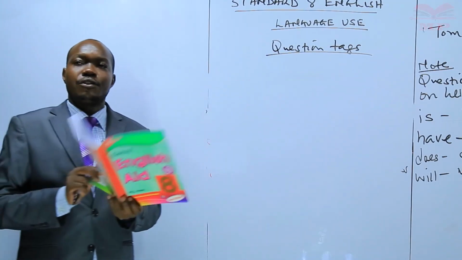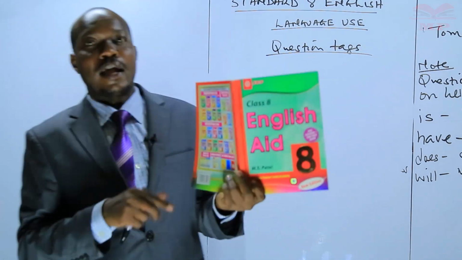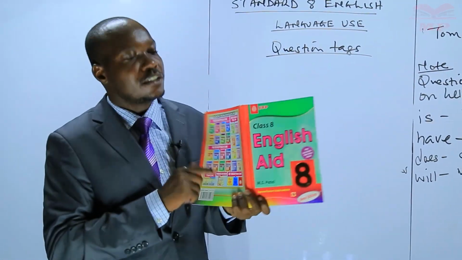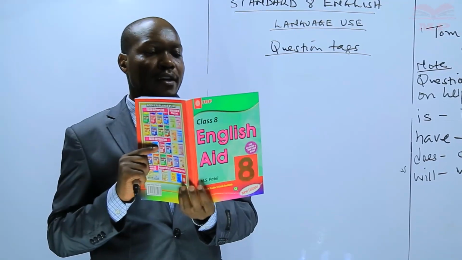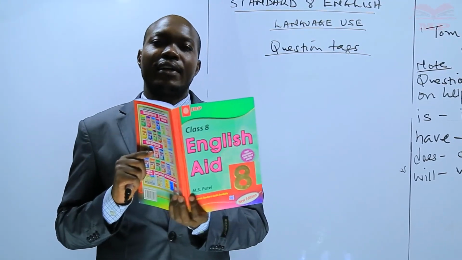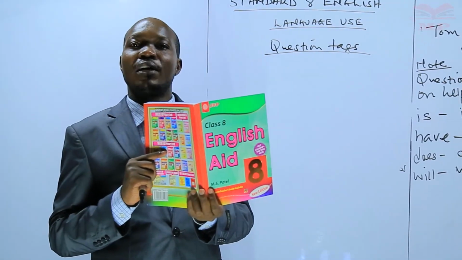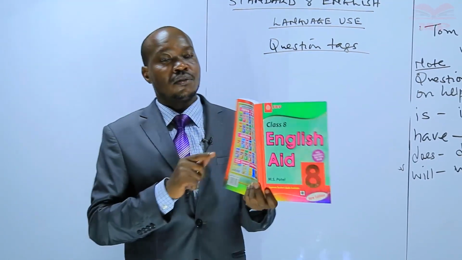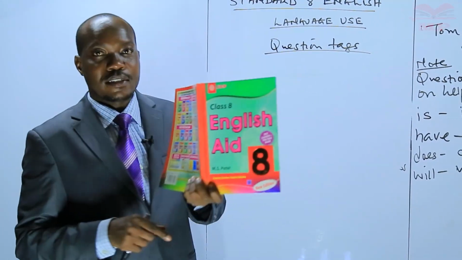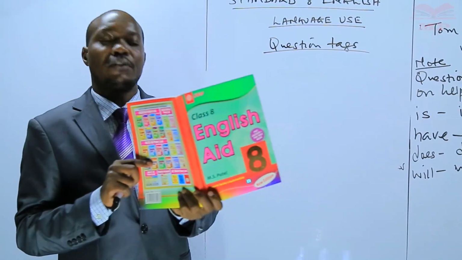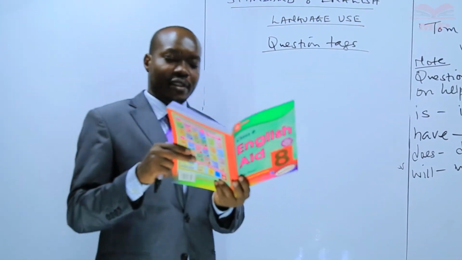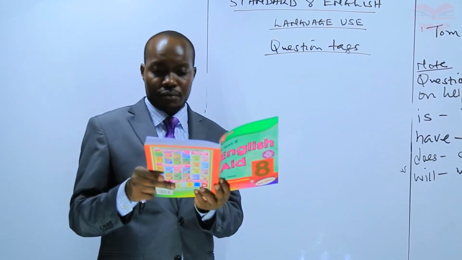Now, I told you I'll be using this book. This is English Aid. English Aid is a supplementary book that you can use. English Aid Class 8, okay? It has very good revision questions. So I'm using this book and I'm on page 5.